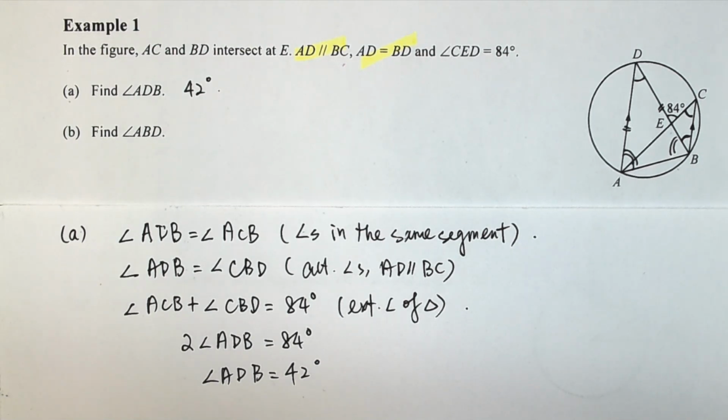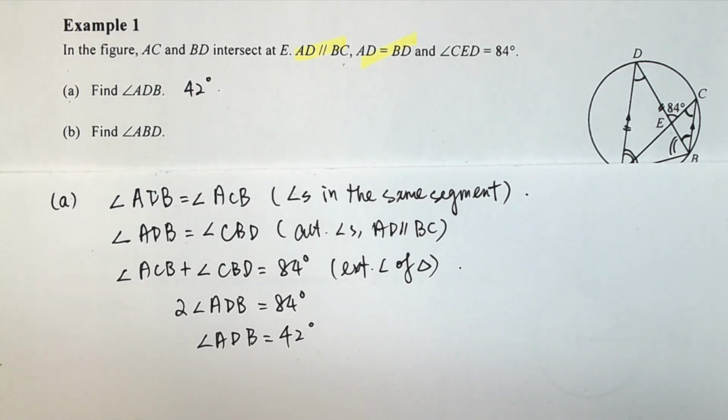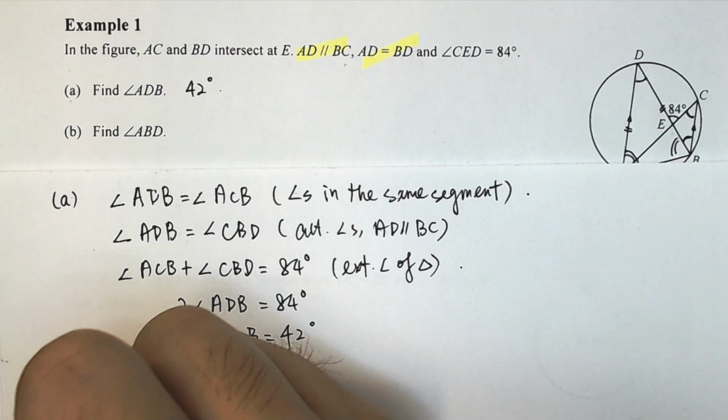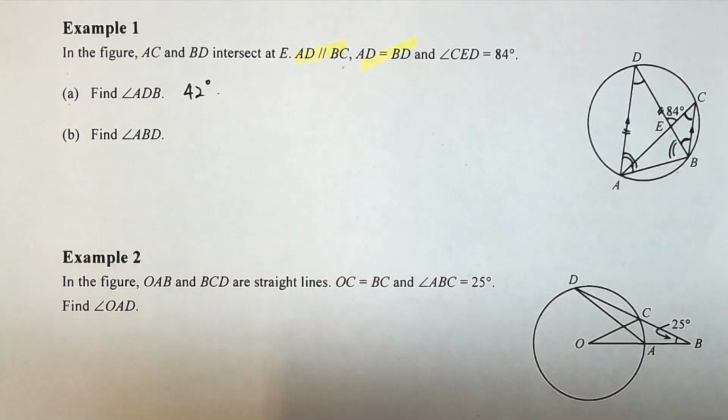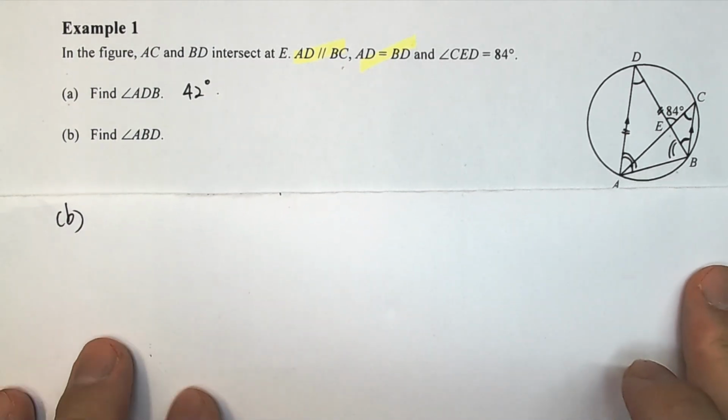Okay, so let me do it for you. First of all, you need to make use of the fact that AD is equal to BD. So part B, number 1.